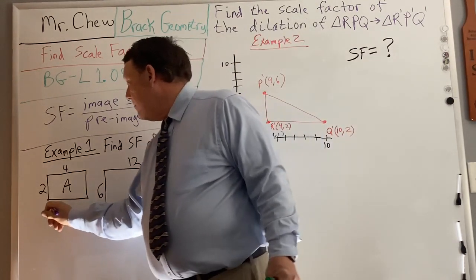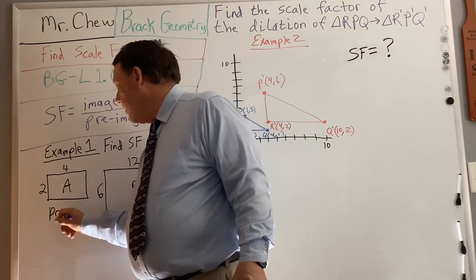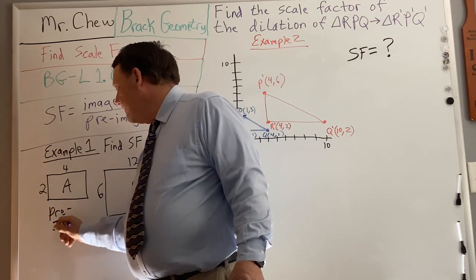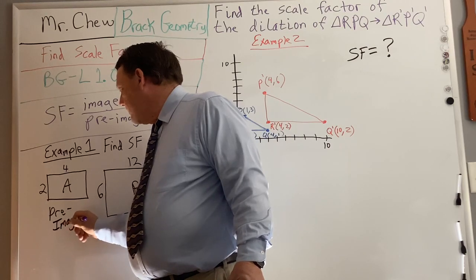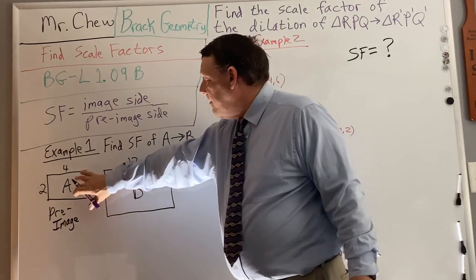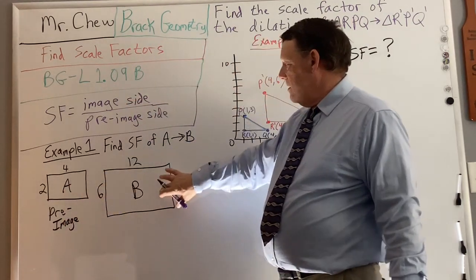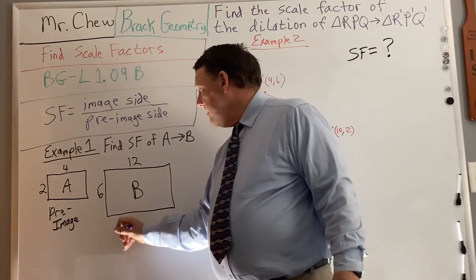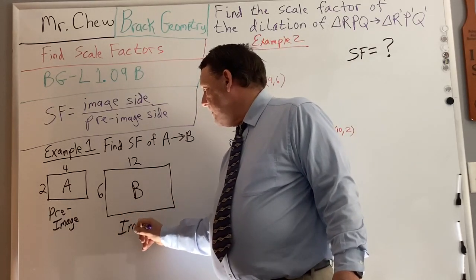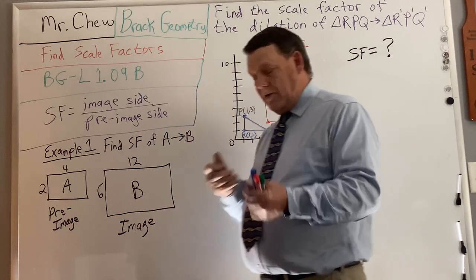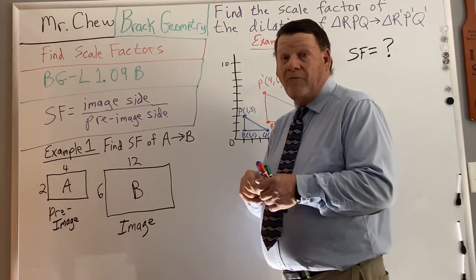That is called my pre-image. And we're going from the small A to the bigger B, so the B ends up being my image. And you have to be able to identify those before you can move forward.